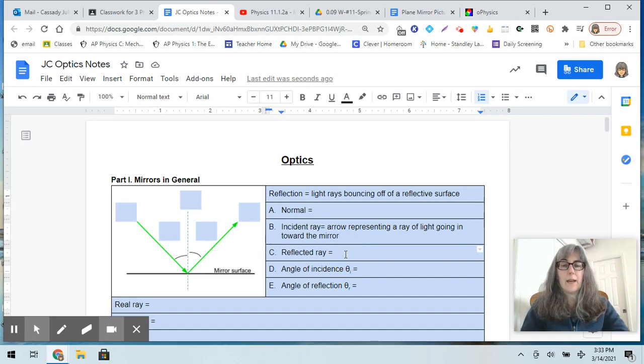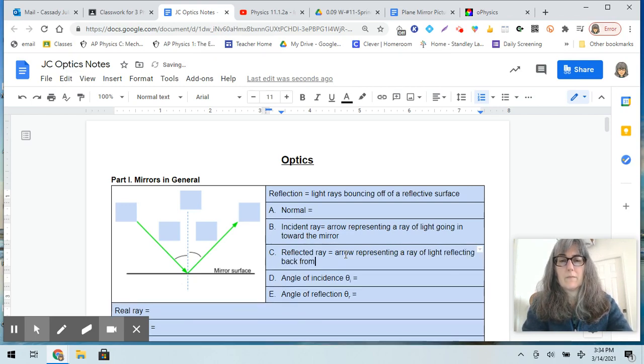The reflected ray is an arrow representing the ray of light reflecting back off the mirror. And a normal actually just cuts those in half. The normal is a dashed line that is perpendicular to the surface of the mirror, right where the incident ray is.